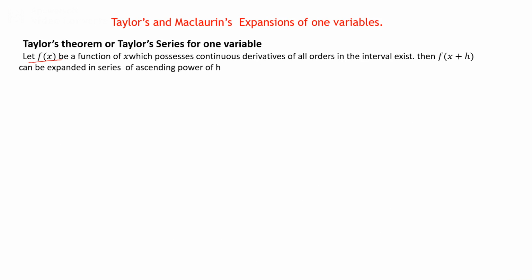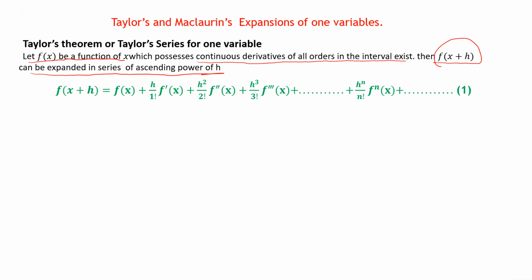Let's suppose we have a function f(x) which possesses continuous derivatives of all orders in a particular interval. Then f(x+h) can be expanded in a series of ascending powers of h, which is what Taylor gives. f(x+h) is equal to f(x) + h/1! f'(x) + h^2/2! f''(x) + h^3/3! f'''(x) and so on.